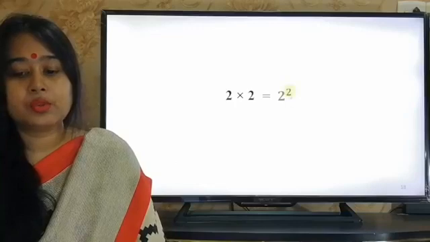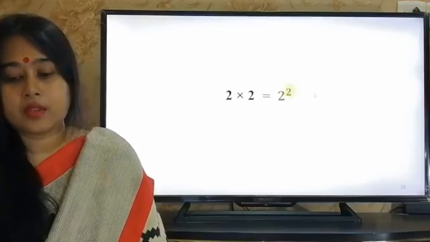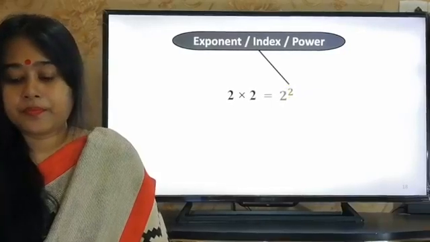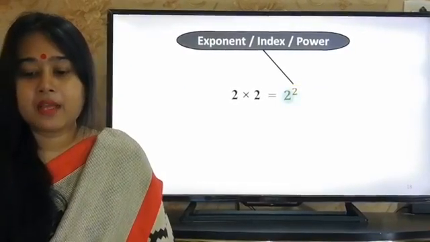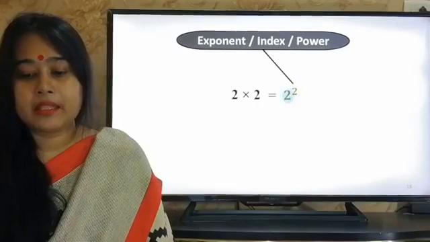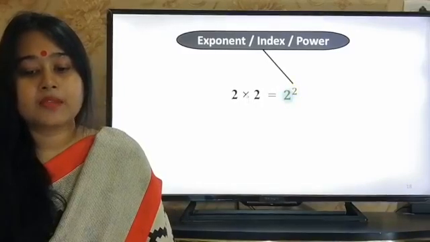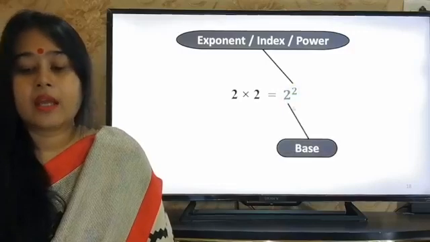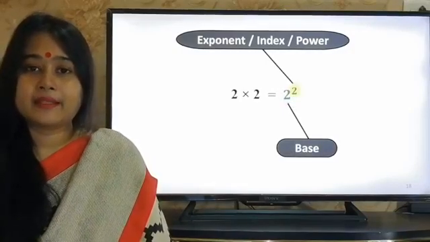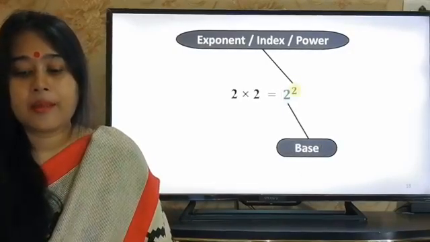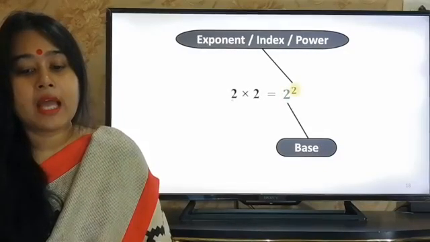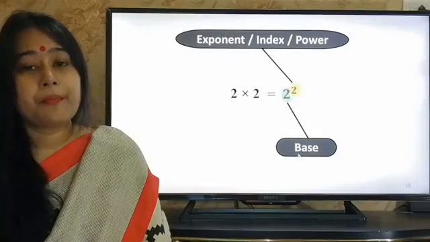This 2 written at the upper right corner is called the index or power or exponent. And this bigger 2, which is multiplied by itself, is called the base.